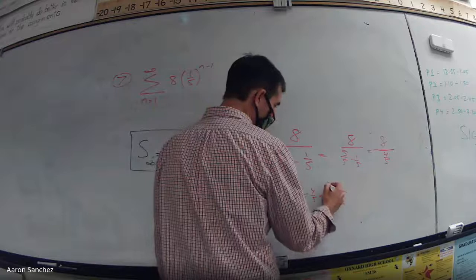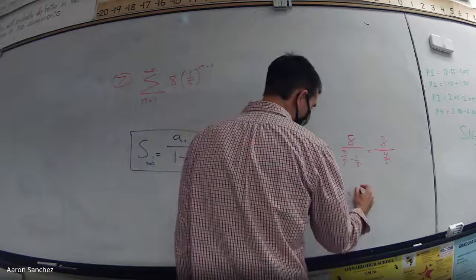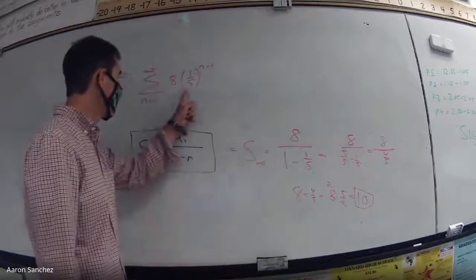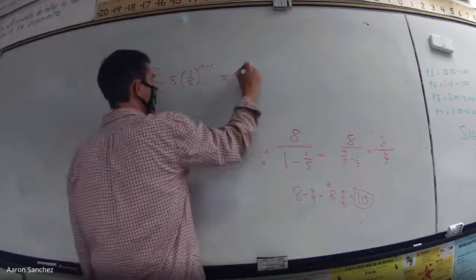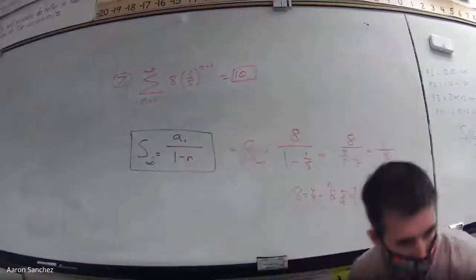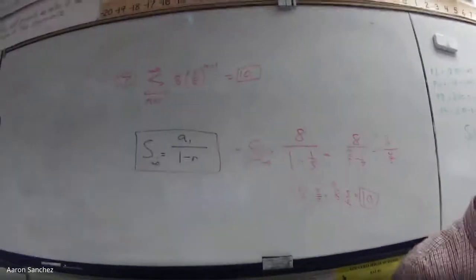Or this becomes 2. So guess what? If I add all of these up to infinity, it's going to equal 10. That's all you've got to do.